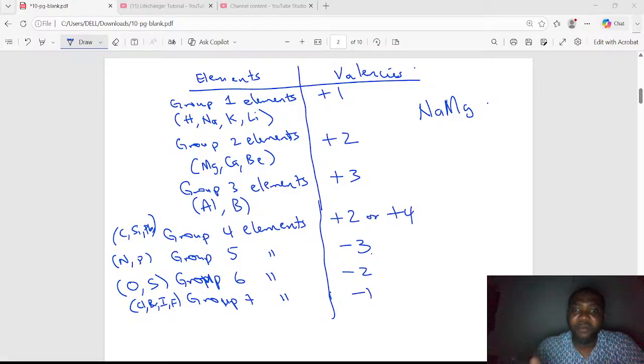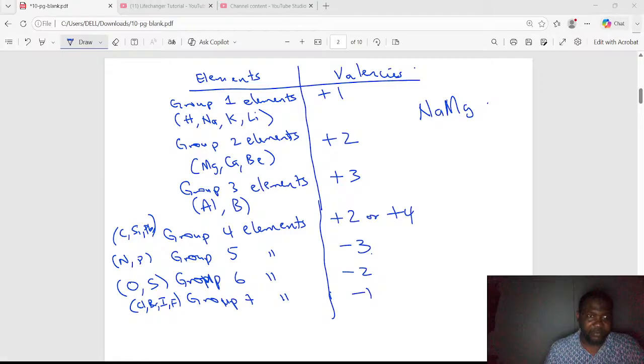And whenever you form a compound, one must be positive, the other one will be negative. Positive and negative come together to form something that is neutral. Yes, group 8 elements are called noble gases, rare gases. They are not reactive. In fact, you can even call them inert gases, INERT, because they are not reactive gases.